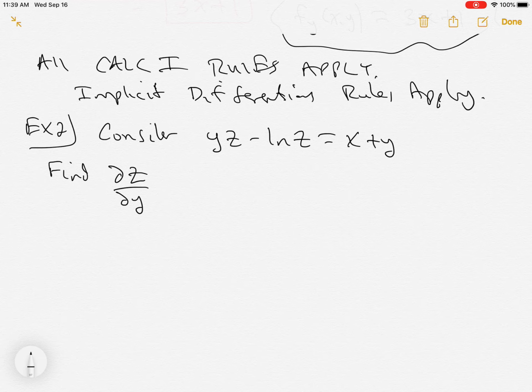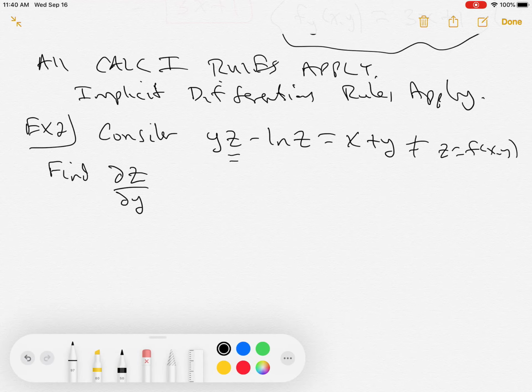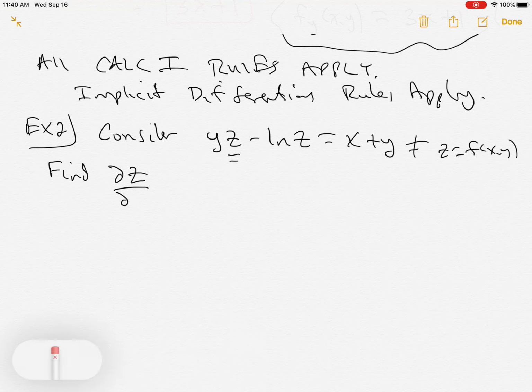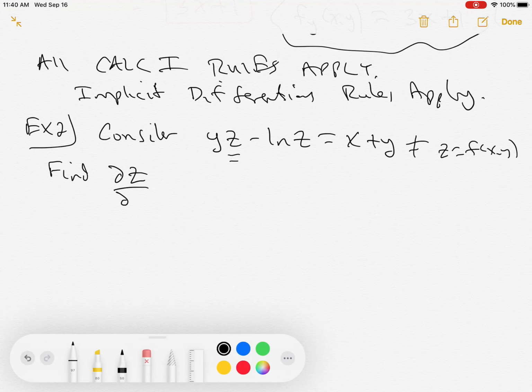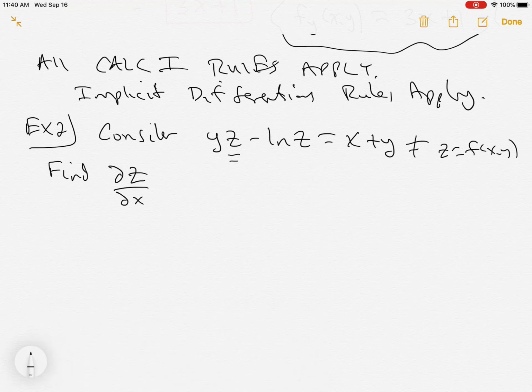So remembering how implicit works, we can't solve for z explicitly. So you can't get z as a function of x and y only. The ln of z screws it up. So you have to leave this as an implicit function. Okay? And so I didn't want to put, hold on, this is supposed to be dz dx. We're going to find dz dx. Okay.